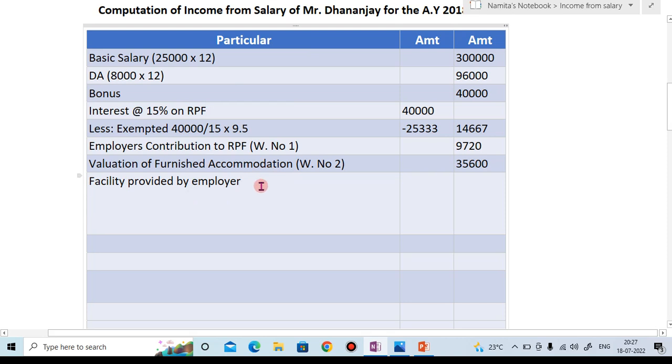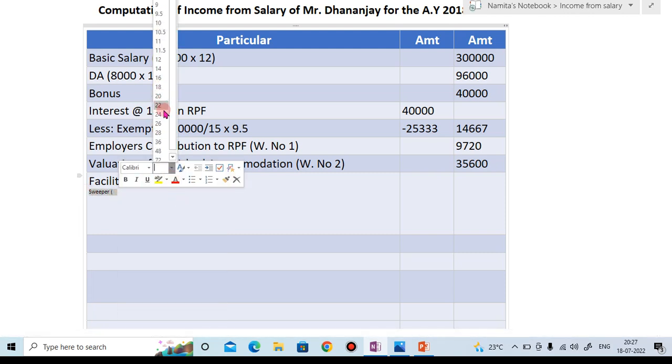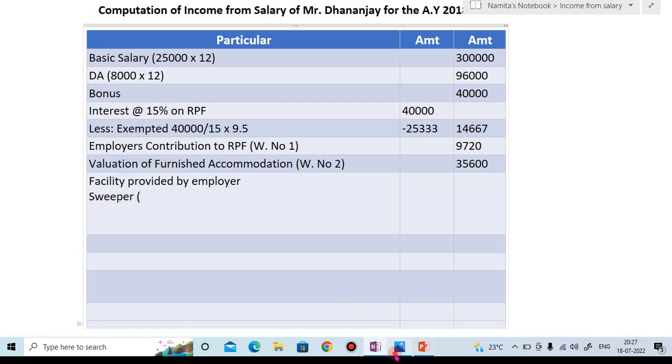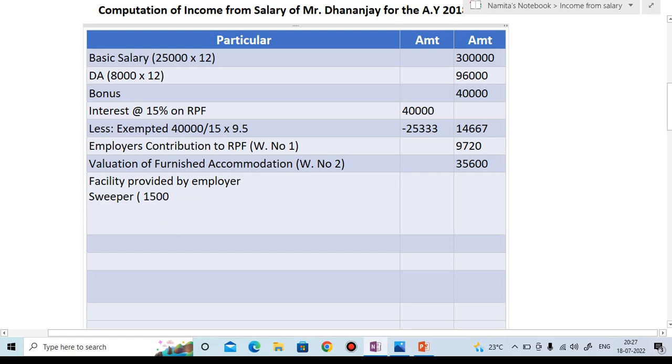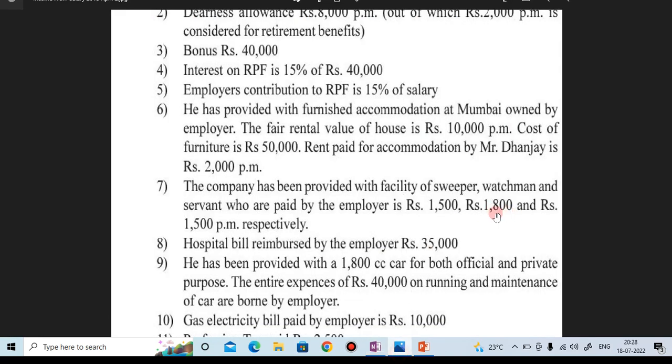First facility is what? Sweeper. How much is the salary of sweeper? Salary of sweeper is 1,500 per month. That means 1,500 multiplied by 12, 18,000. Then next is watchman.